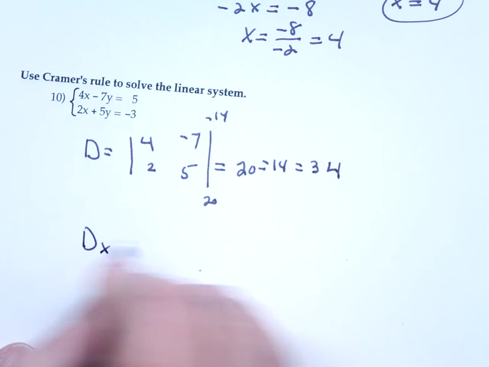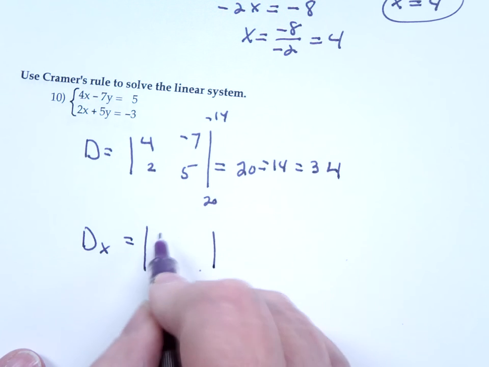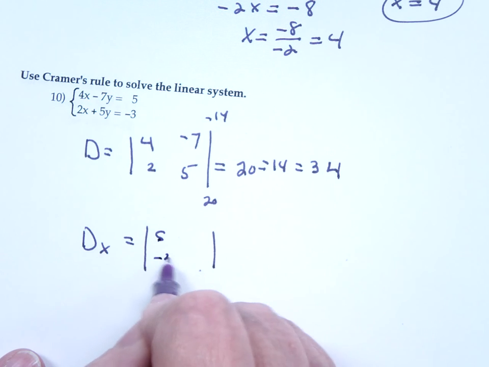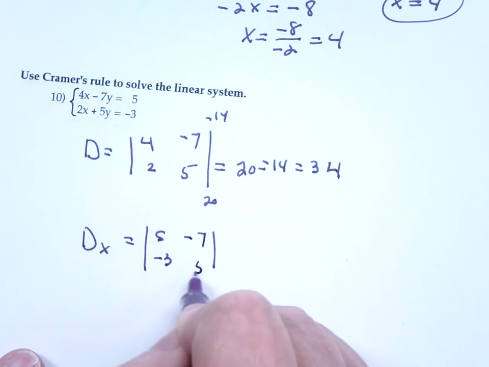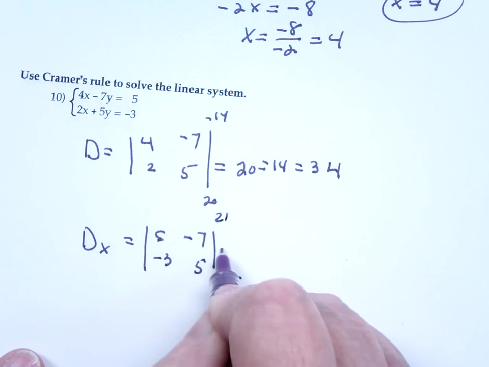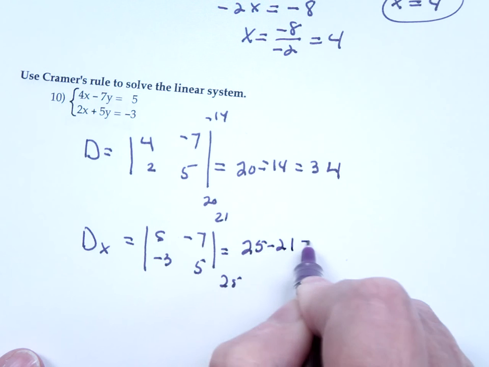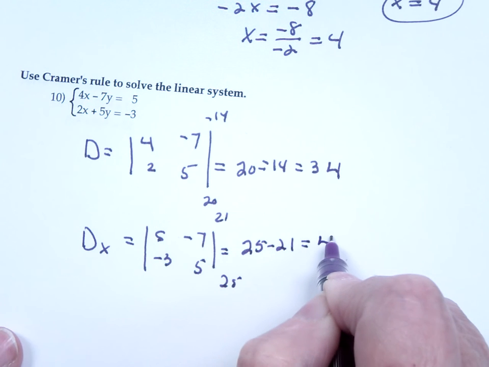D sub x replaces the x by 5, negative 3, negative 7, 5. Down is 25, up is 21. So 25 minus 21 is 4.